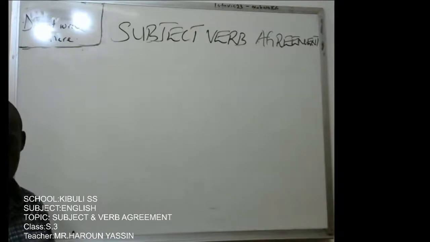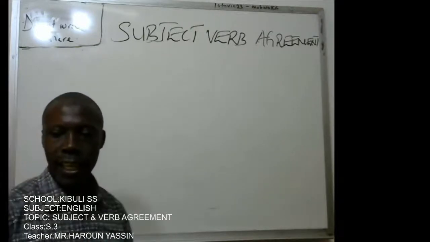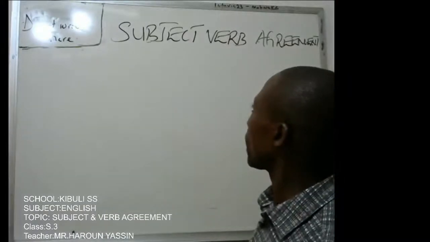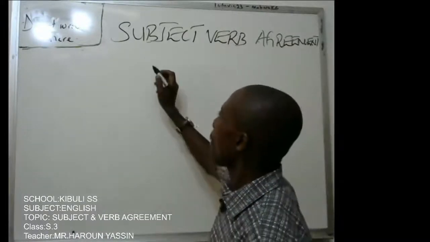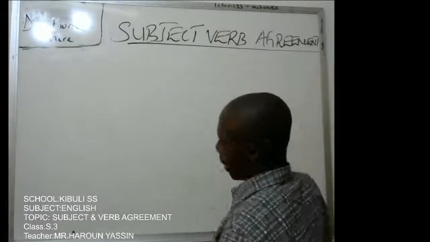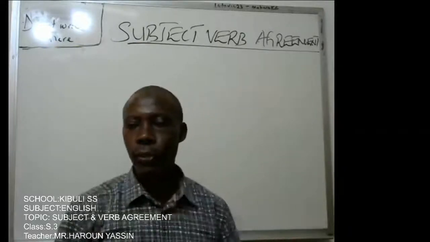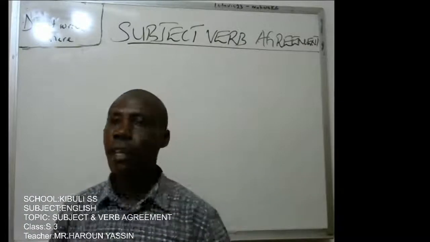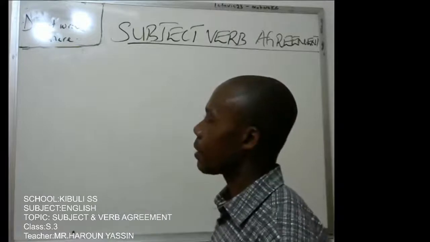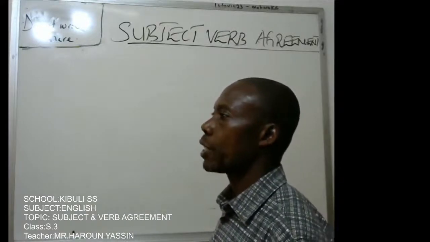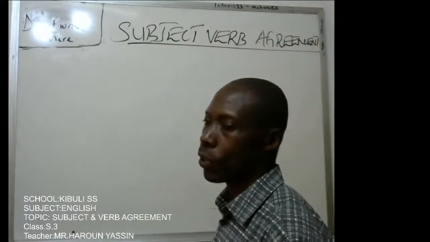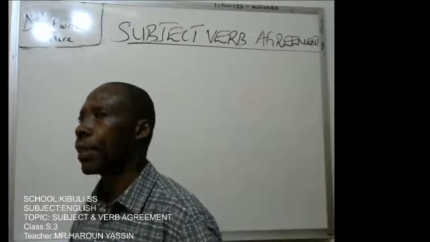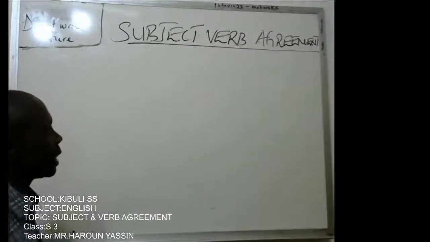I've been following that. So for today, we are going to basically look at grammar, and we are going to look at subject-verb agreement. But before we come to the details of subject-verb agreement, there is one thing I usually want to emphasize in grammar, which I think is the cornerstone or the basis on which a sentence should be analyzed.